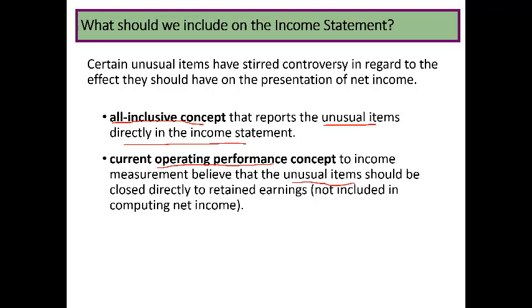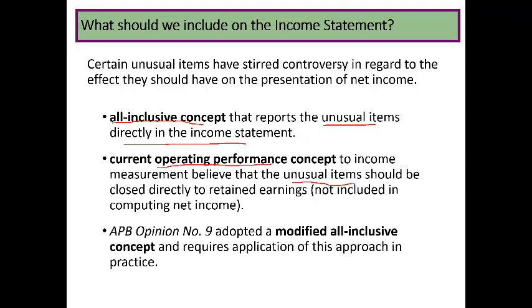Instead of having them in the income statement, they should be closed directly to retained earnings or somewhere else in equity. So what the FASB did to reconcile these two viewpoints, whether the income statement should have everything and represent a change in financial position, or whether it should represent performance, is they issued APB Opinion 9, which is a modified all-inclusive concept.